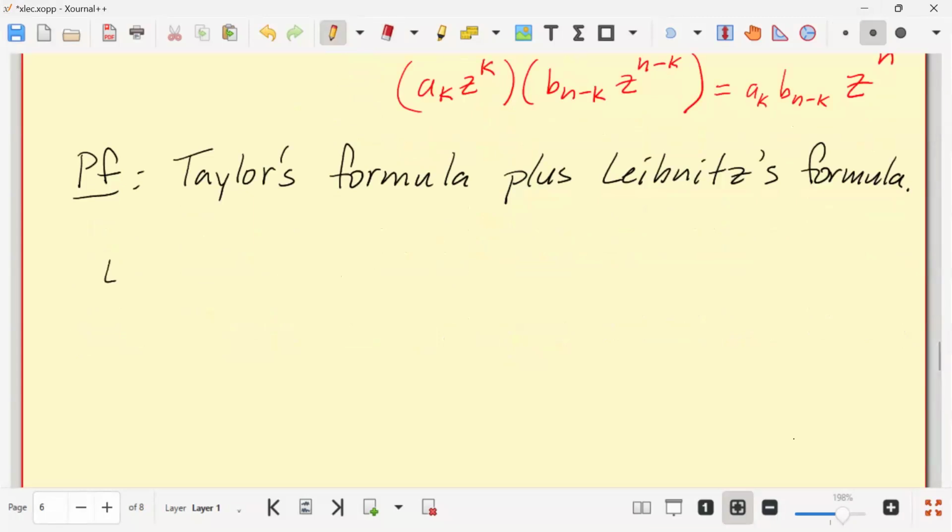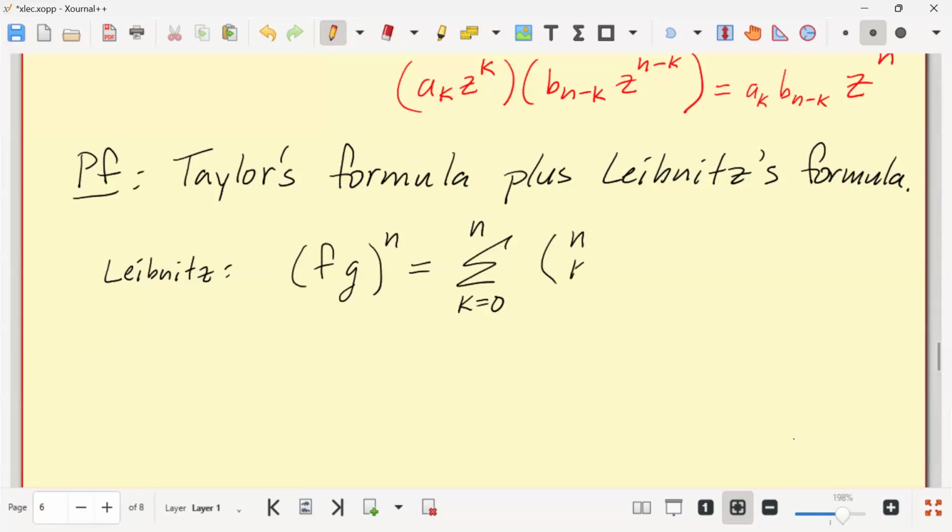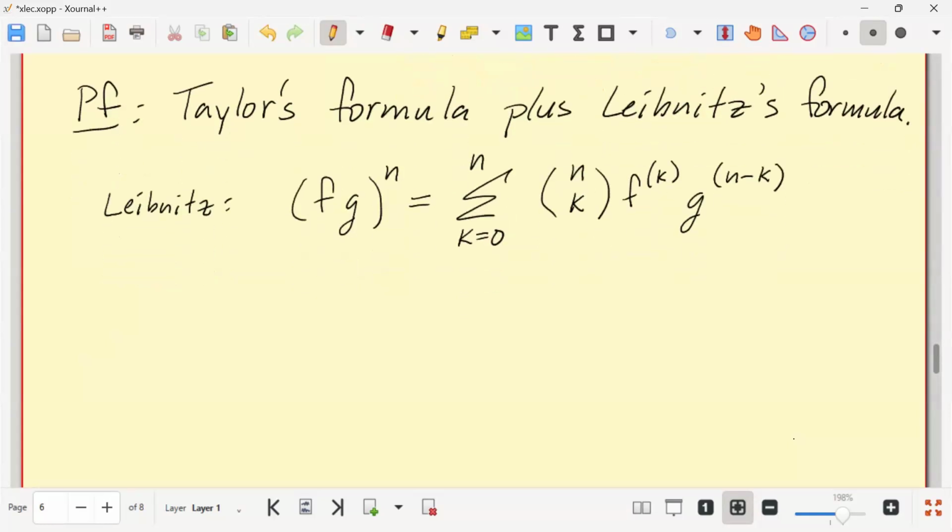So here's Leibniz. It says that the nth derivative of a product is kind of like a binomial expansion. It's a sum as k goes from 0 to n of n choose k times f's kth derivative times g's (n minus k)th derivative. And you can prove that by induction. It's a fun exercise to do that.